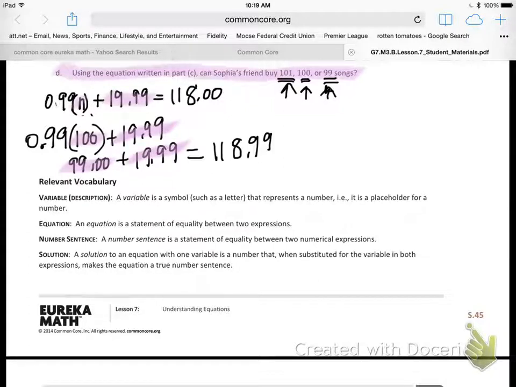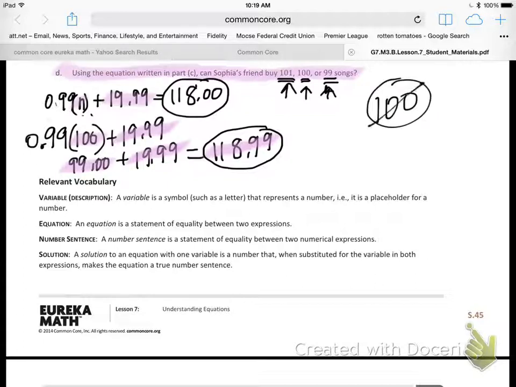And then I get $118.99. So I can see how that compares. She only has $118. If she were to buy 100 songs, she would need $118.99. So 100 does not work. But I could also look at my options, and I know if 100 doesn't work, I can't buy 101. So I know that she can buy 99 songs with her $118.